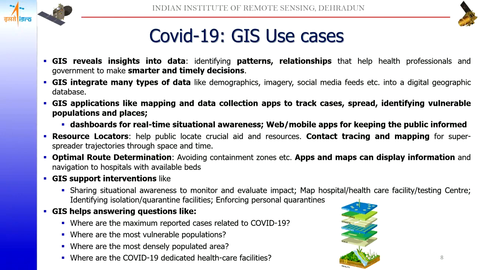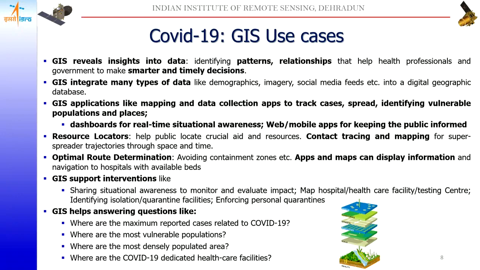The GIS use cases or tools include mapping, which is digitizing or tracking where the health facilities are, where the people affected by the disease are, and where the quarantine centers are.